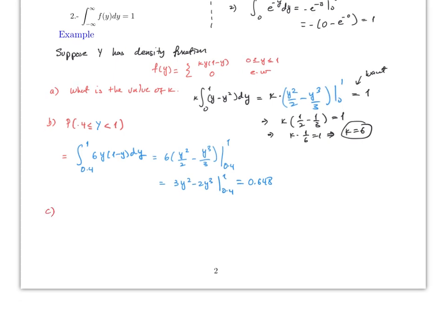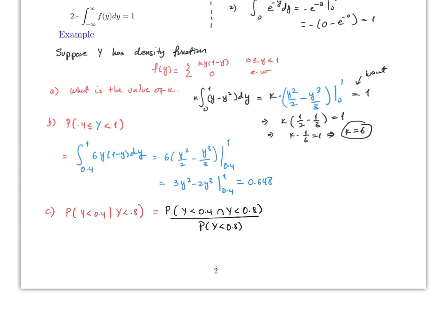The question is this: what's the probability that y is less than 0.4 given that y is less than 0.8? Now, if we use the conditional probability formula, which we learned since, I believe, chapter 2, by definition, it should be the probability that y is less than 0.4 and y is less than 0.8 divided by the probability that y is less than 0.8.